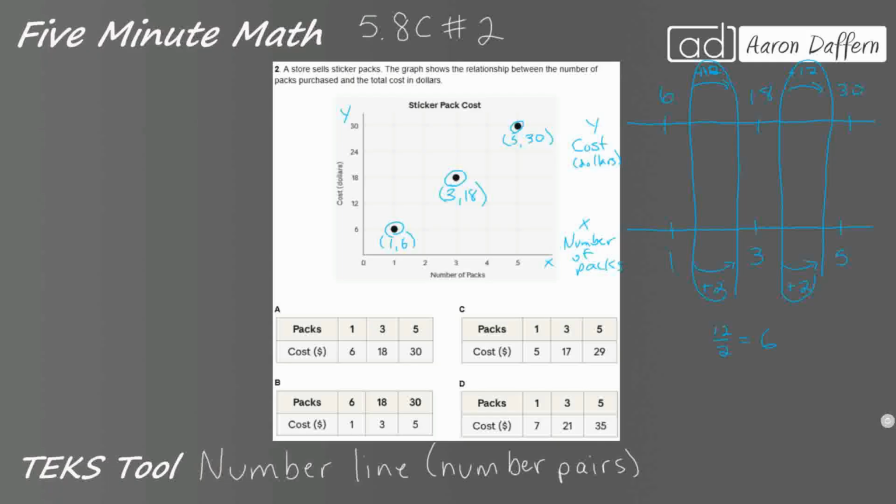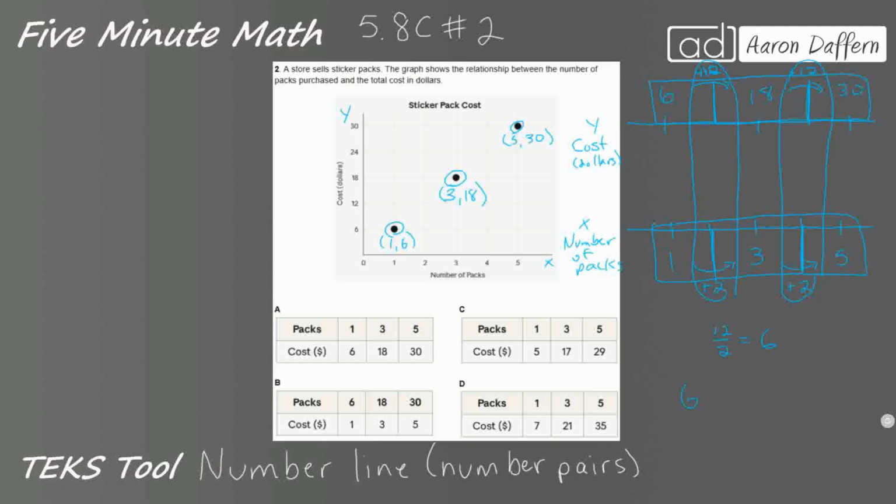This becomes your rate. Now, it's not asking for the rate, it's asking for a table of values, but hopefully you notice, look what we did here. We actually created a table of values right here just by listing them sideways like this.